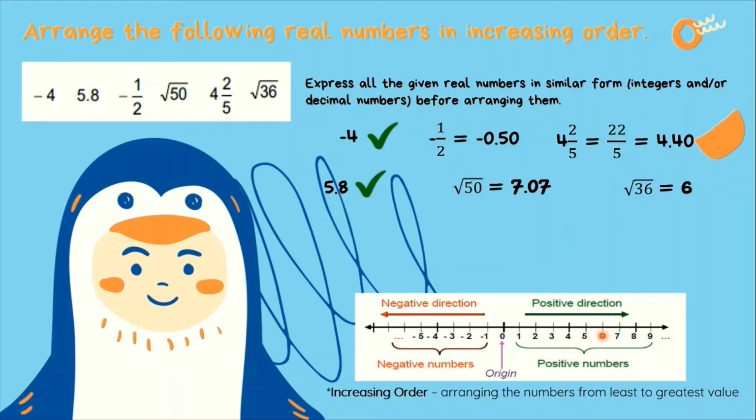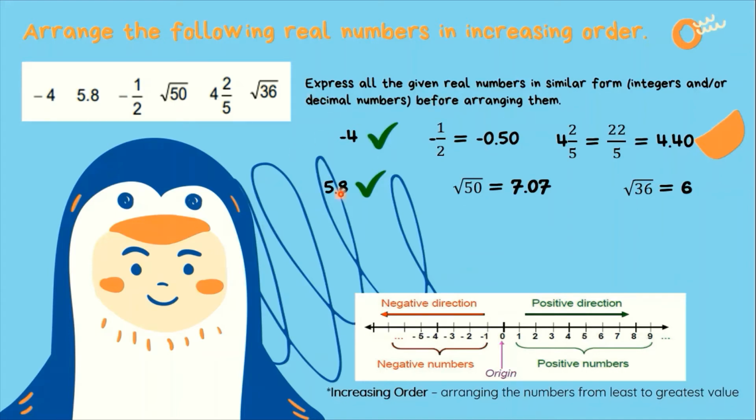Dito naman sa mga positive numbers, mas malapit sila kay 0, mas maliit ang kanilang value. Since positive numbers and negative numbers are total opposites. Kaya dito kay negative 4 and negative 0.50, sa kanilang dalawa, ang mas malapit kay 0 ay si negative 0.50. Kaya, mas malaki siya kaysa kay negative 4.